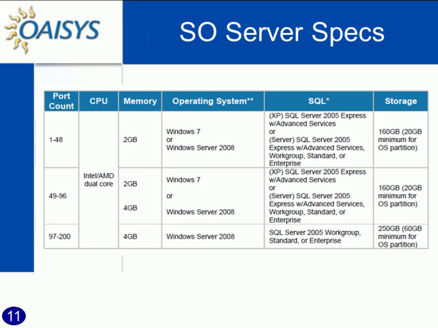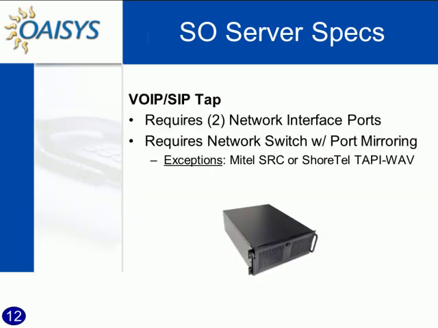Standard software only installation. One, you need to make sure that the server meets minimum specifications that are put here in this diagram. This same diagram is available in the quick installation guide that we mentioned as we began the course, but make sure that the server is going to meet these minimum specifications. Once you've found a server that meets minimum specifications, we also need to make sure that it has the appropriate hardware equipped into it. For any sort of VoIP or SIP installation, we need to have two things physically ready.